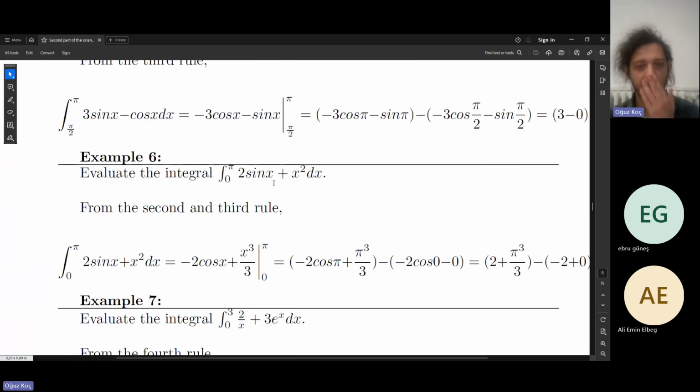In another example, we have both a trigonometric function and a polynomial function. We're taking the integral apart.